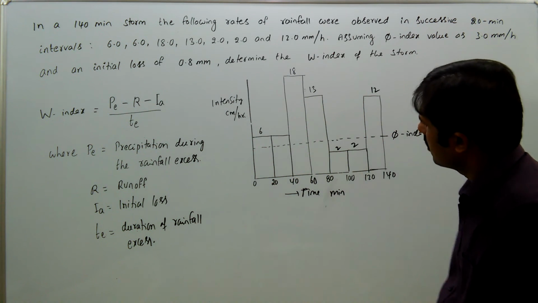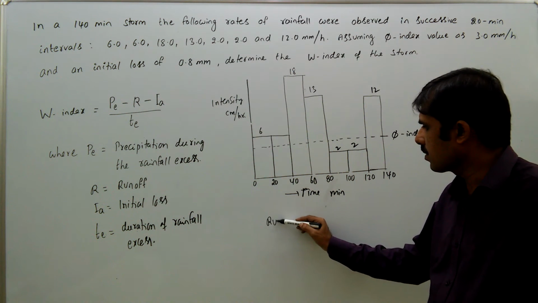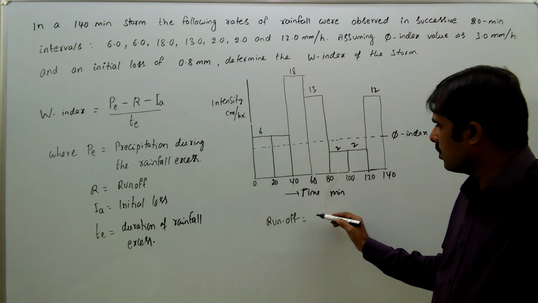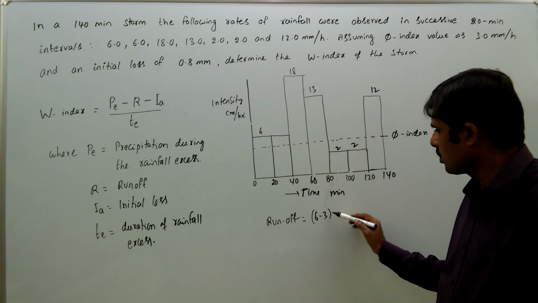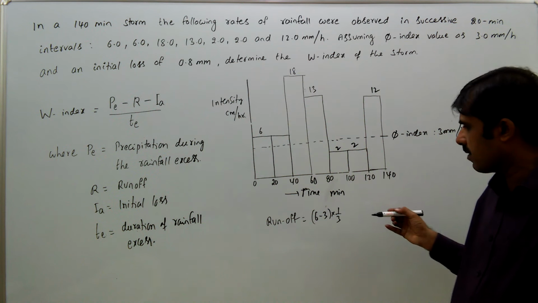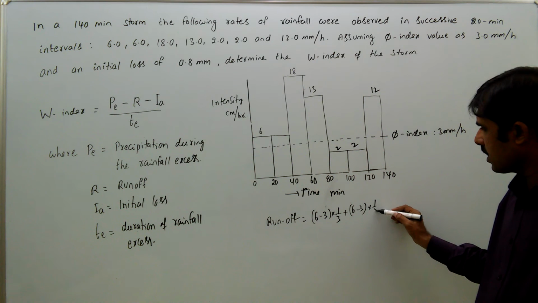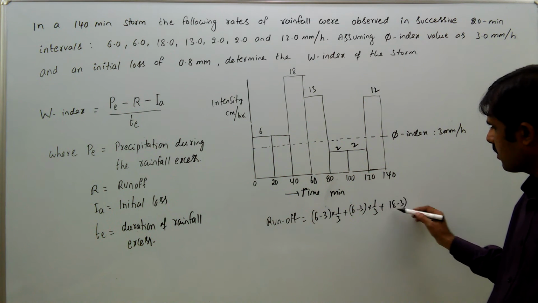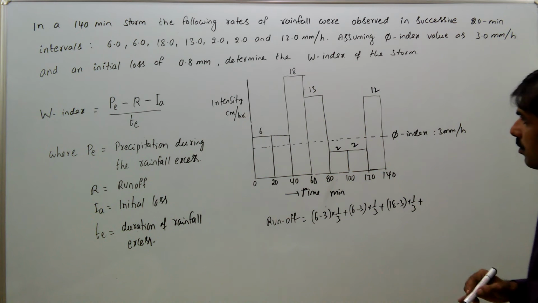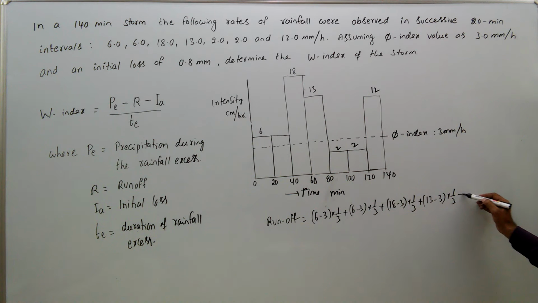Now, first we will find runoff. Runoff equal to 6 minus 3 into 1 by 3, because each pulse is 1 by 3 hour. 20 minutes means 1 by 3 hour. Plus second one also 6 minus 3 into 1 by 3. Third one 18 minus 3 into 1 by 3. Fourth one 13 minus 3 into 1 by 3 plus 12 minus 3 into 1 by 3.